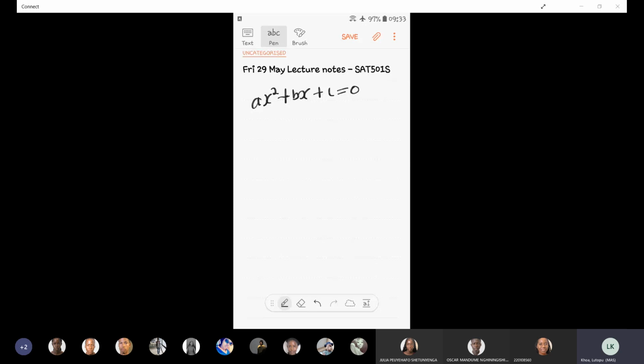You can make x the subject of the formula by completing the square. And when we did that, we ended up with x is equal to minus b plus or minus the square root of b squared minus 4ac over 2a.